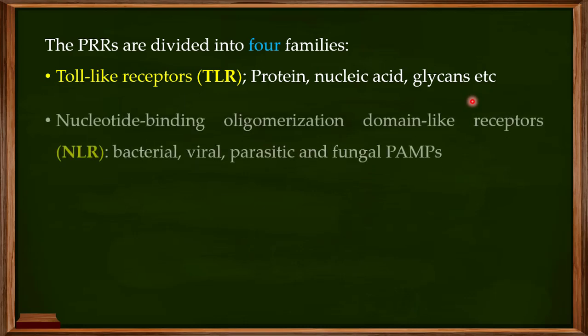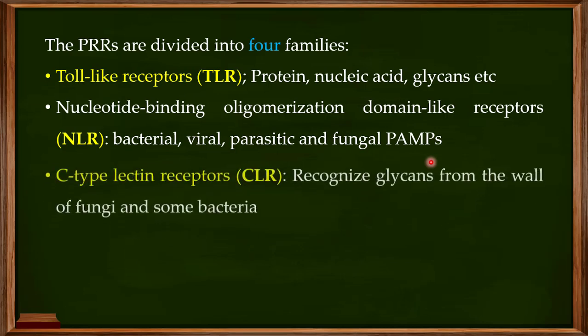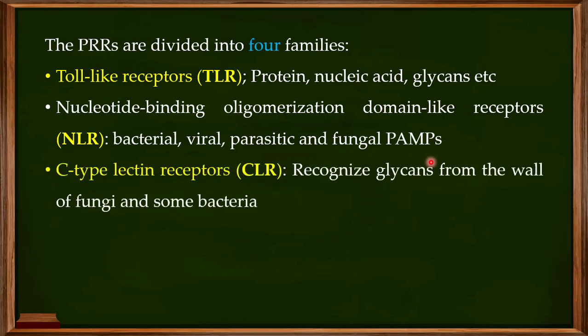Another important class is known as the nucleotide binding oligomerization domain-like receptors, the NLRs, and they are very important in recognizing the bacterial, viral, parasitic, and fungal PAMPs. The third type is known as the C-type lectin receptor. Whenever you see this term lectin, that means you're talking about the carbohydrates most of the time.